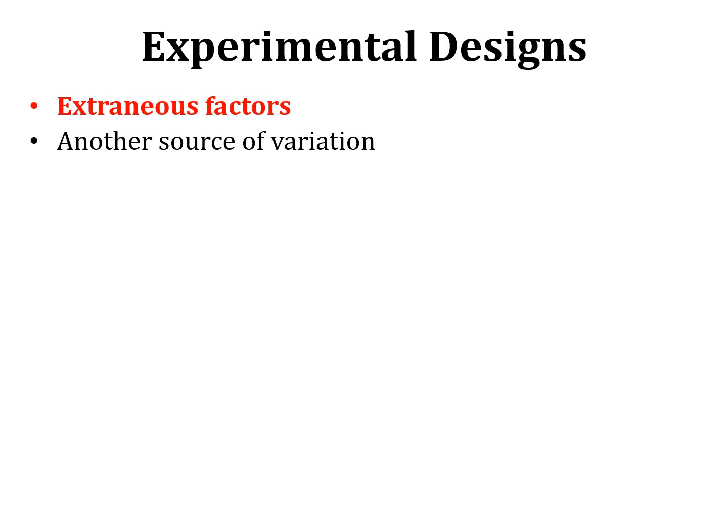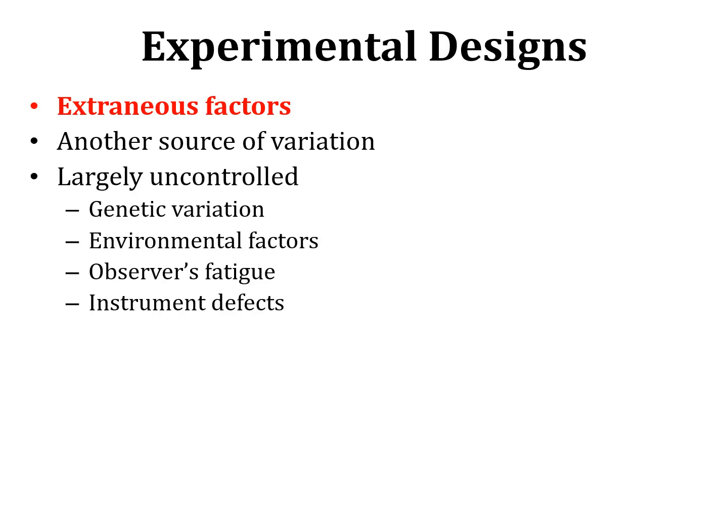Now the other source of variation is the extraneous factors. Extraneous means external factors. These are factors that are largely uncontrolled, like the genetic variation among plants, the environmental factors affecting plant growth, and the observer's fatigue, because if the observer is taking measurements on the same day, this is going to result in fatigue.